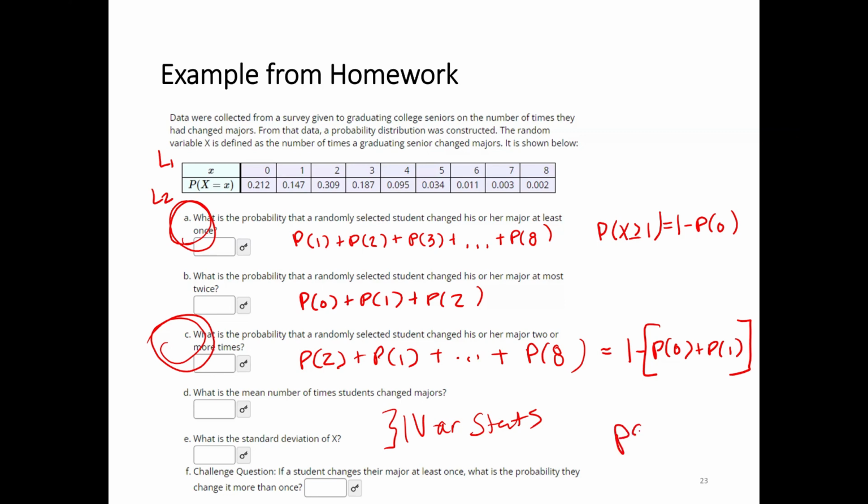So if I take part C and divide it by part A, should that give it to me? Hopefully. So now you're only looking at that group of people, and then what's the probability they changed it more than once?